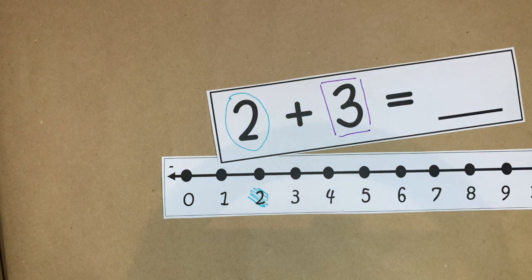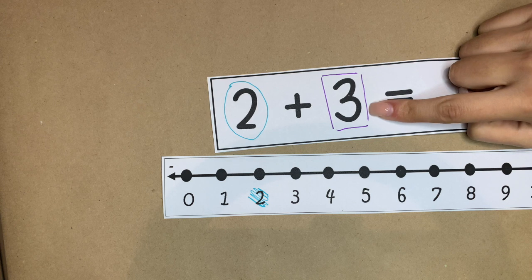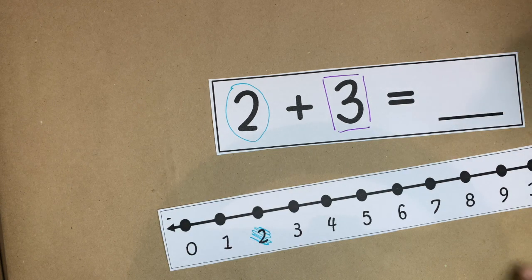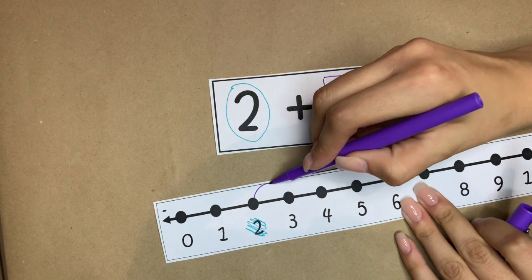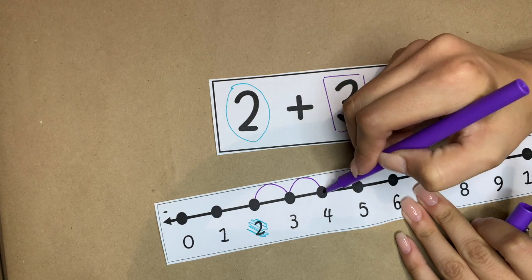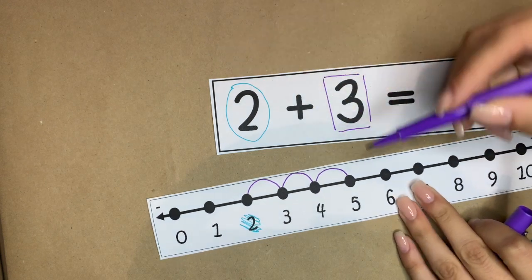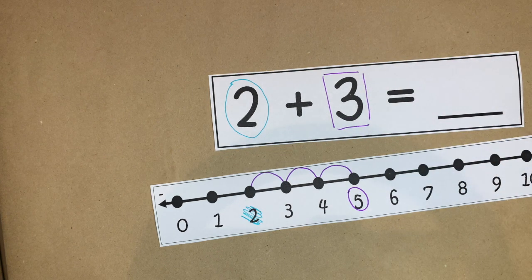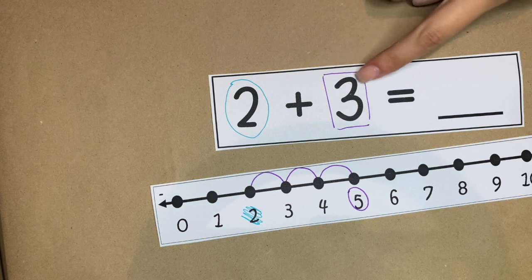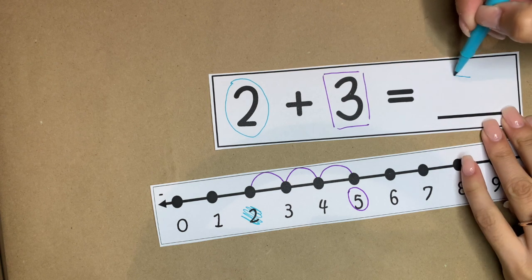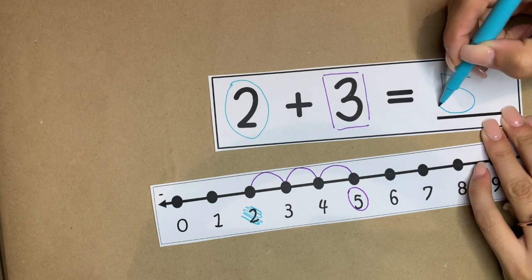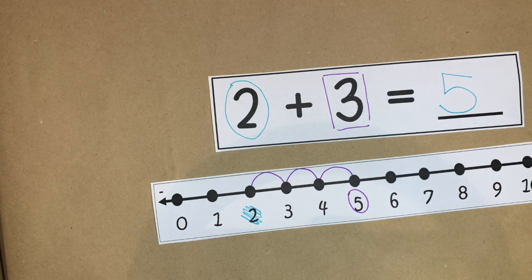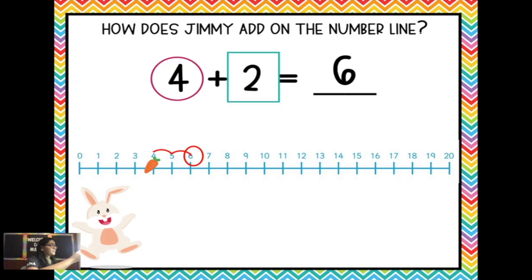So I need to jump how many times? Excellent. 3 times. So ready? We're going to jump 1, 2, and 3. And we stopped at number 5. That means that 2 plus 3 is equal to 5.